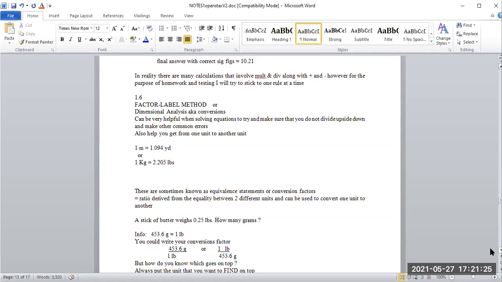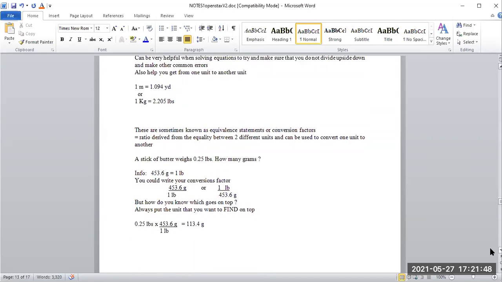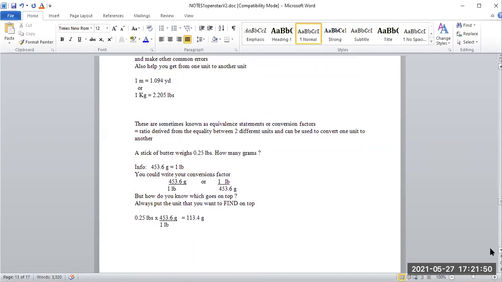There is an excellent appendix in the back of your lab book that has a whole bunch of useful conversion factors all on one page. So keep that in mind, especially when you are doing Dry Lab 1. So one of the things that you're doing with this is you're using these things that we're going to call equivalence statements. Something equals something else.